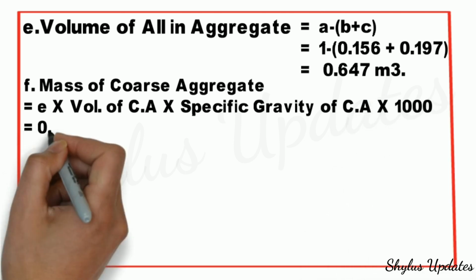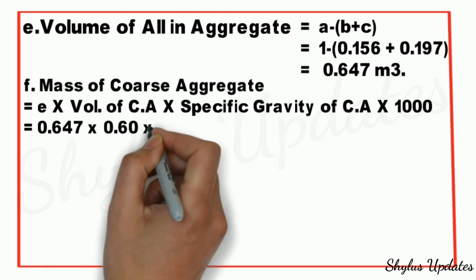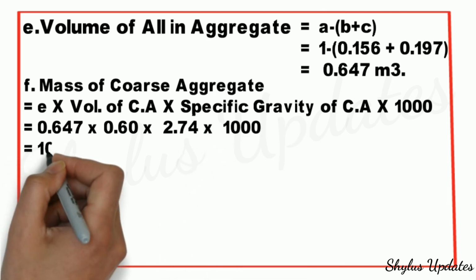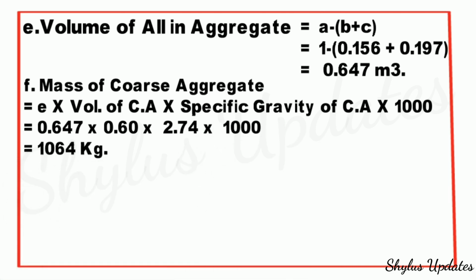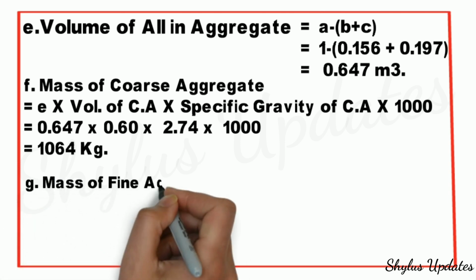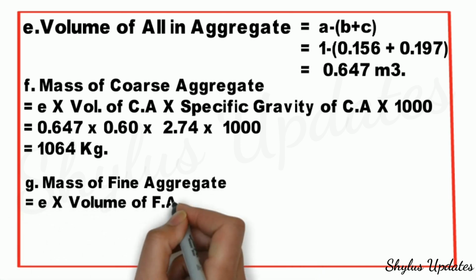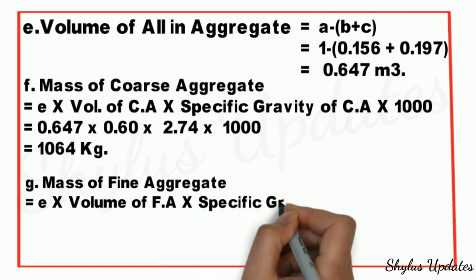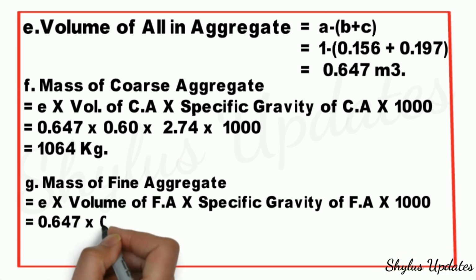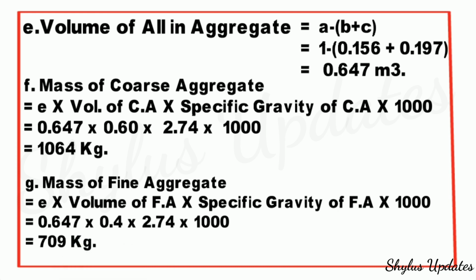E value is 0.647, volume of coarse aggregate is 0.60, specific gravity of coarse aggregate is 2.74 and 1000. So we get the answer 1064 kg. Mass of fine aggregate is E into volume of fine aggregate into specific gravity of fine aggregate into 1000, which is equal to 0.647 into 0.4 into 2.74 into 1000. So we get the answer 709 kg.